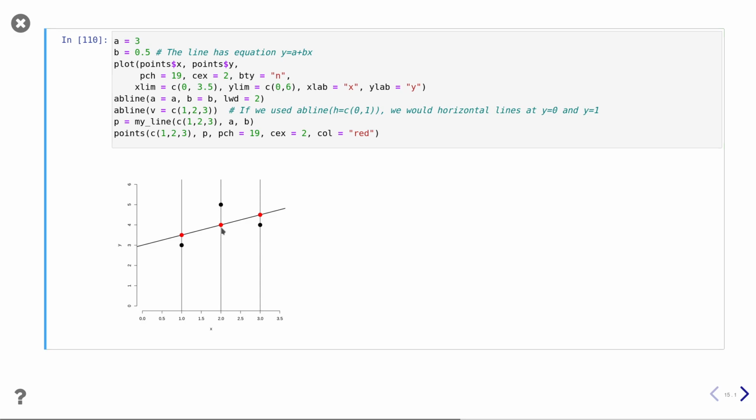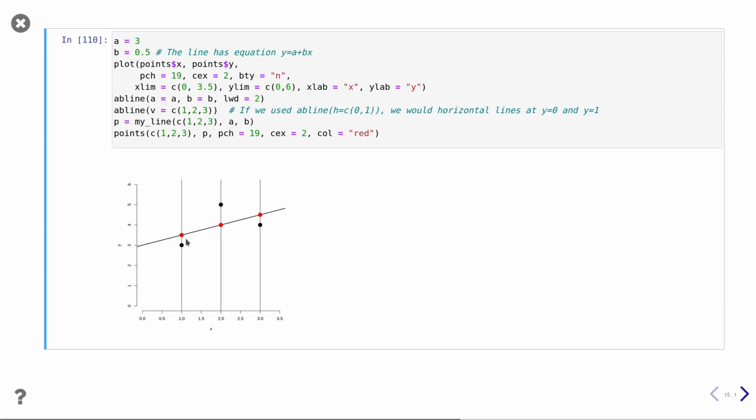In black, those are my data points. In red, this is the value, the yi tilde, that I get by using the values of a and b that I've selected and computing y at these points.